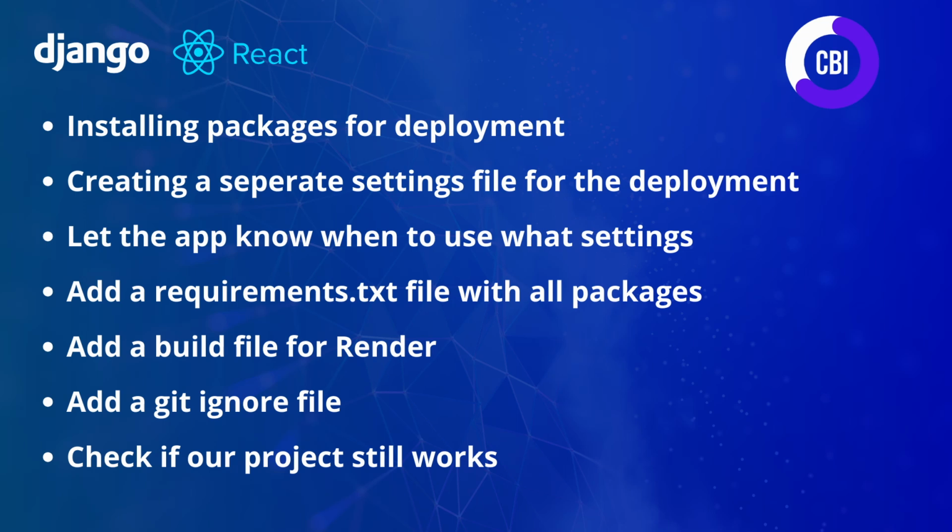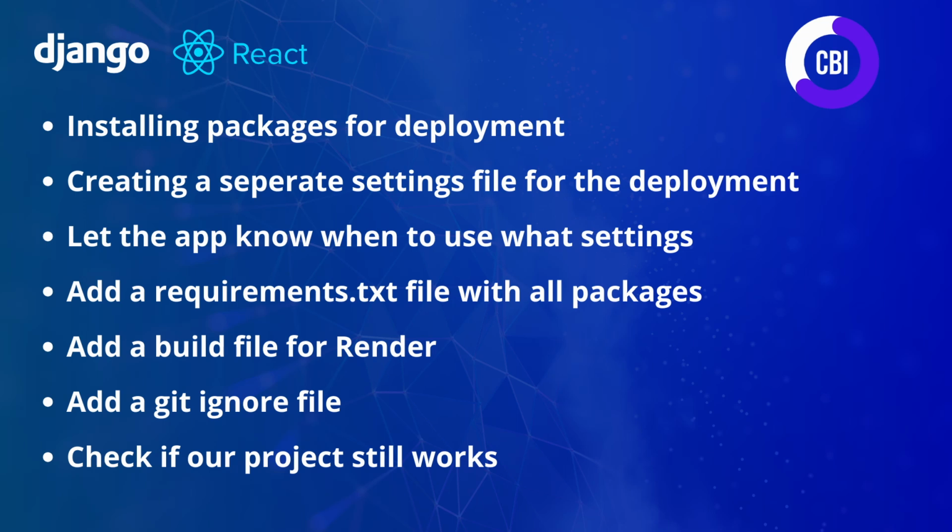We're going to start by installing some additional packages that we will need to deploy our app. Then we're going to be creating a separate settings.py file for the deployment because some of the things when we deploy are going to be a little bit different than what we would like to do in our local computer.